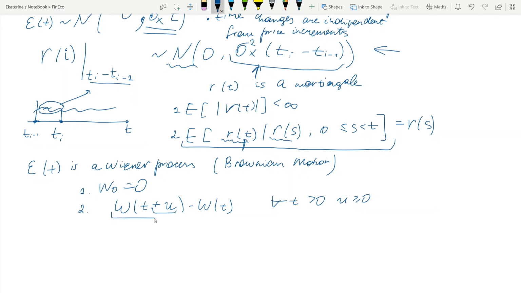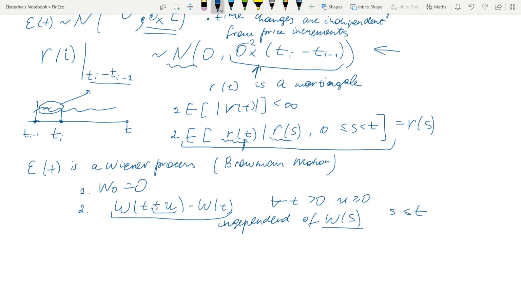Those Wiener process increments are independent of the previous sample path of the Wiener process. Whatever happens before, when you look at the future increment of the Wiener process, it is independent of the previous continuous time evolution.